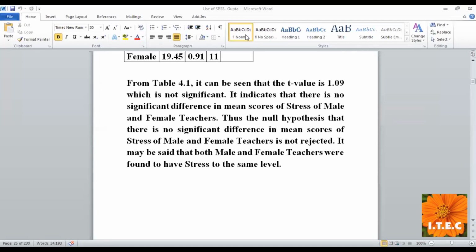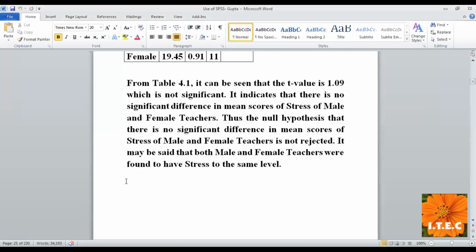Therefore, I have already told you that there might be researches where you may not have a hypothesis at all. So hypothesis is zero, you don't require. And when you require, you may have one, you may have two. So there is absolutely no rule. I hope now you are clear about it.